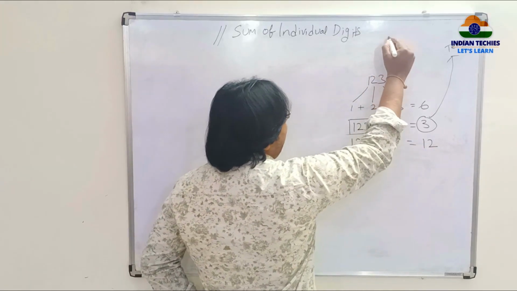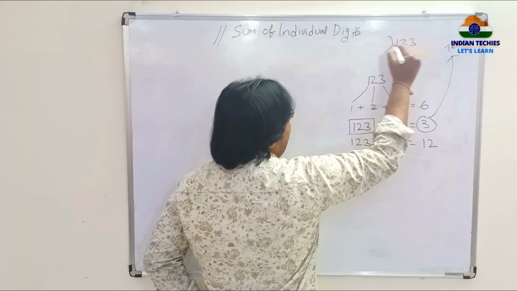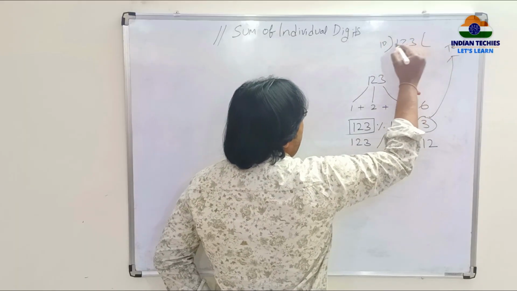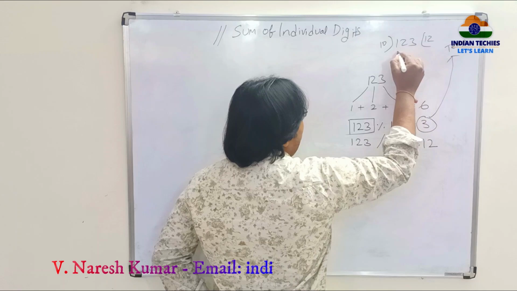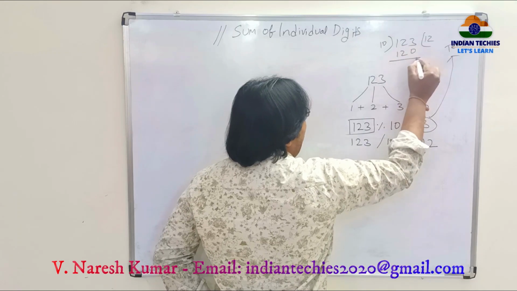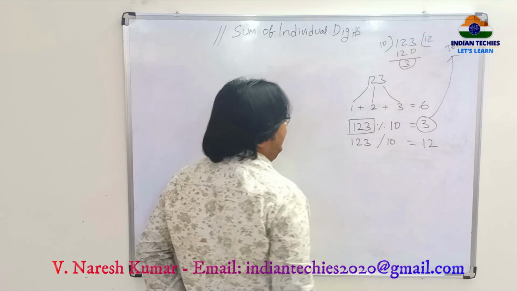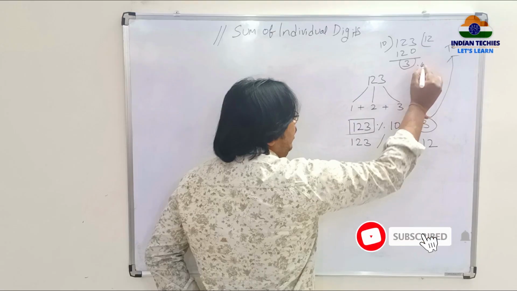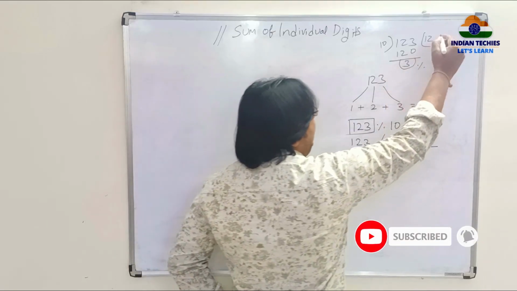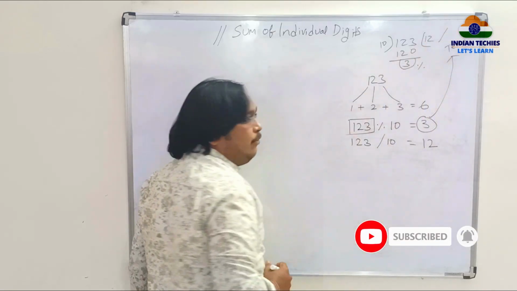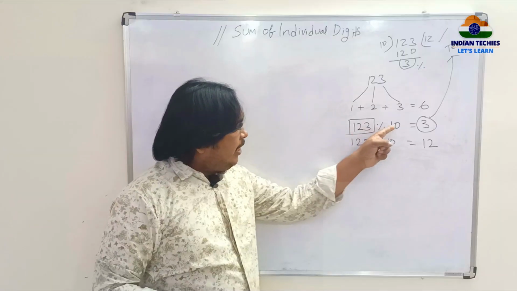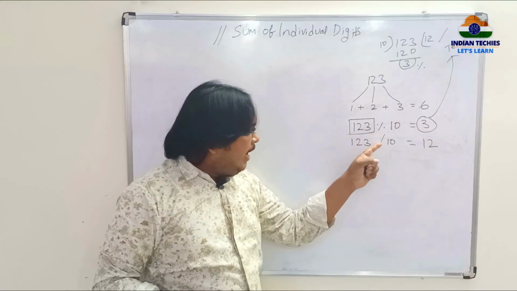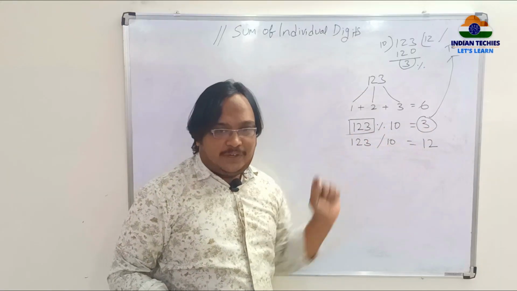If you observe, 123 divided by 10 gives 12 with 120 used up, and the remainder would be 3. If we use mod, you will get the remainder. If we use slash, you will get the quotient. Now I have used mod, I got remainder 3. I have used slash, I got quotient 12.